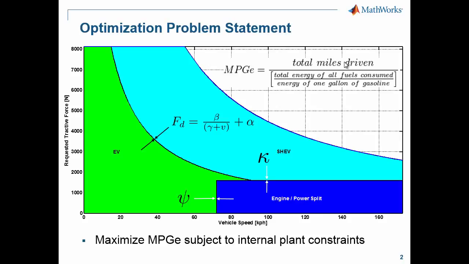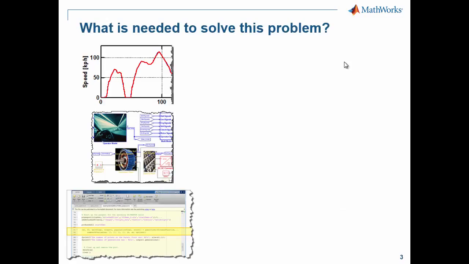While this will not provide for completely arbitrary parameterization of the transition map, these curves will be sufficient to capture the steady-state power capabilities of the motor and engine while simultaneously simplifying the search problem. With these 5 design variables, beta, gamma, alpha, psi, and kappa, the internal constraints that I mentioned, and a single objective defined, let's take a closer look at the key elements needed to solve this optimization problem.